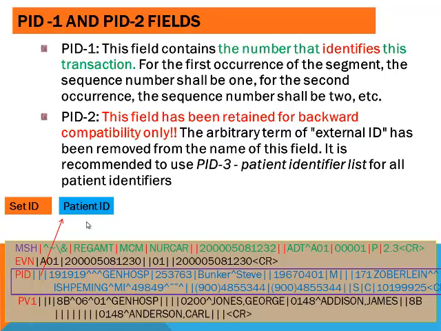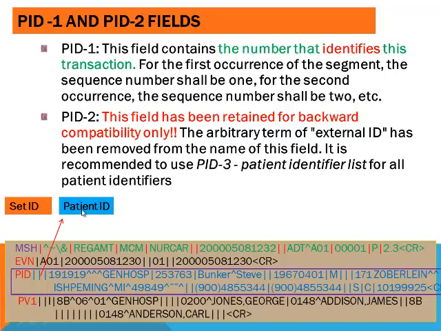The second field is PID2, the patient ID. As I told you just now, it was used before version 2.4, but after that you don't need to fill in this field.